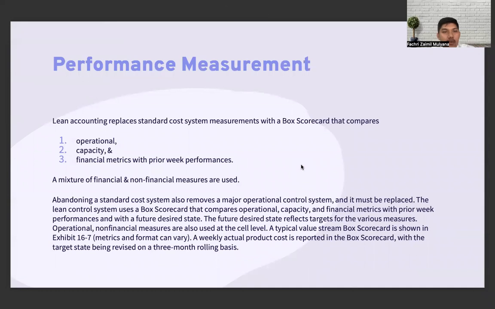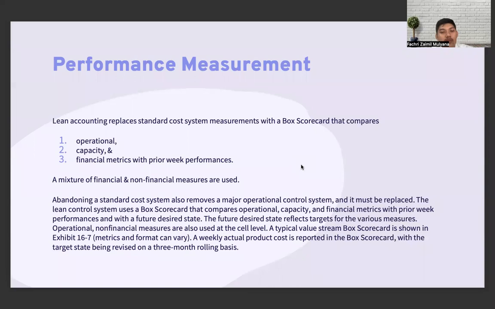The next is about performance measurement. Lean accounting replaces standard cost system measurement with a box scorecard that compares first operational, second capacity, and third financial metrics with prior week performance. A mix of financial and non-financial measures is used. Abandoning a standard cost system also removes a major operational control system, and it must be replaced.